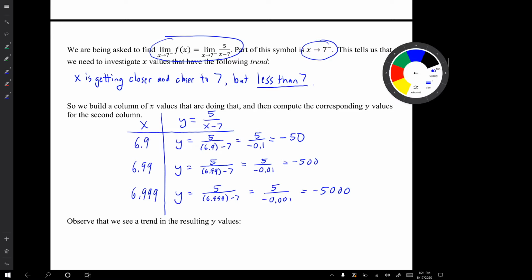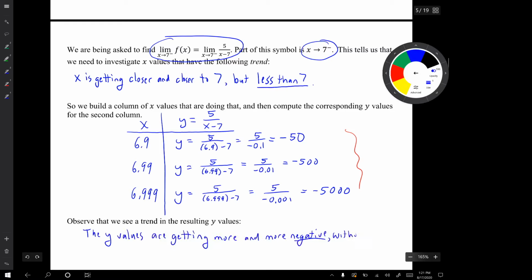The y values are getting more and more negative without bound. And let's show that this behavior described in this question, or this sentence, is showing up in the table there.